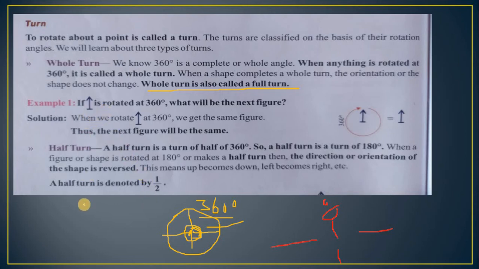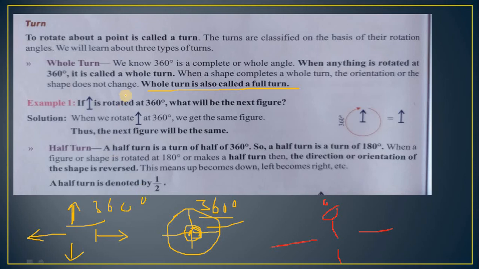If you are using this particular symbol and it is rotated by 360 degrees, what will be the next figure? According to the given information, in 90 degree it will move like that, next 90 degree it will move like that, so it is total 180 degree, and then the next 90 degree it will move like that, so it is 270 degree, then again it will move here, so it is 360 degree.